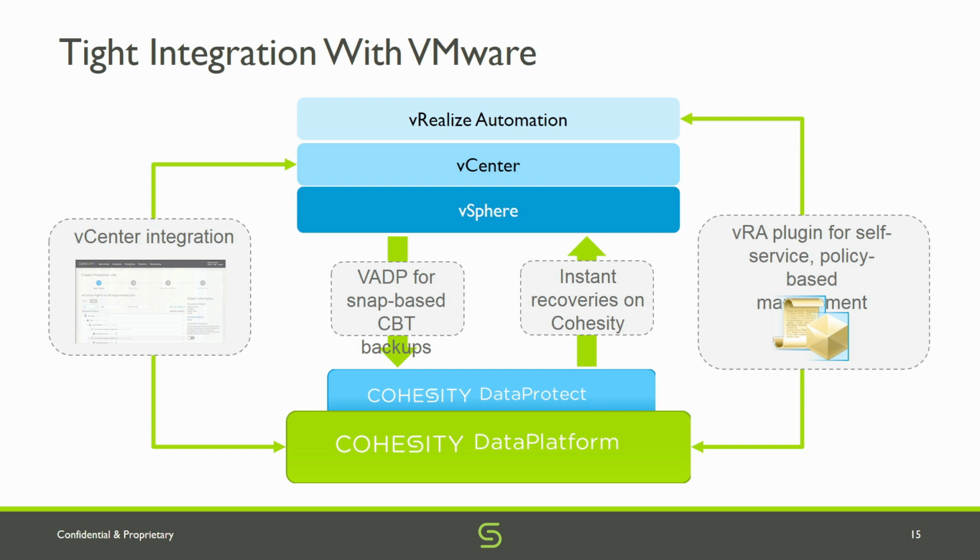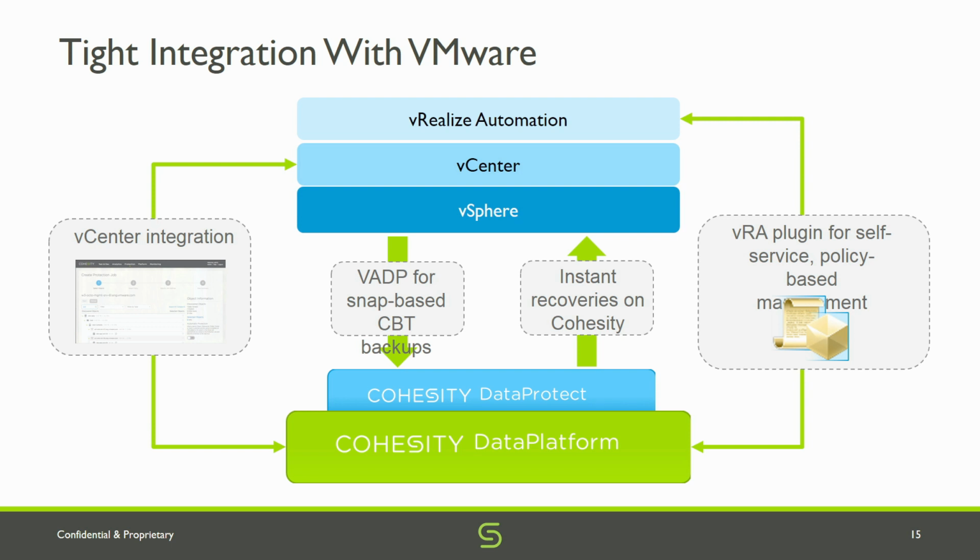In terms of moving the data, we use the vSphere APIs for data protection. Nothing unique there. That's the traditional mechanism that people use for backing up VMware. We enable instant recoveries. This is a little bit unique in the sense that imagine you have a few hundred VMs, you lose all of them, like you lose your primary storage device.